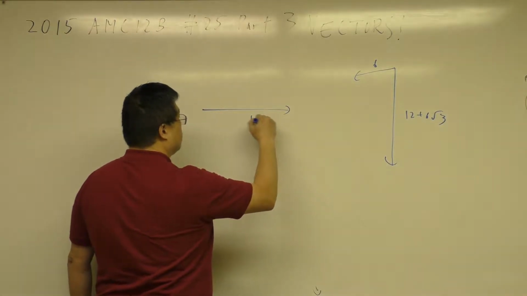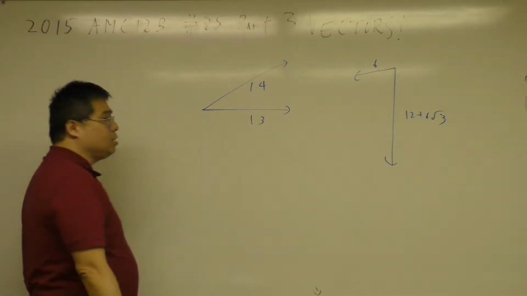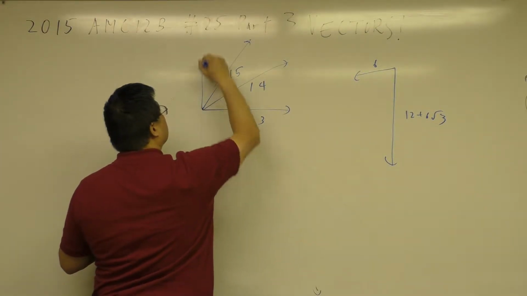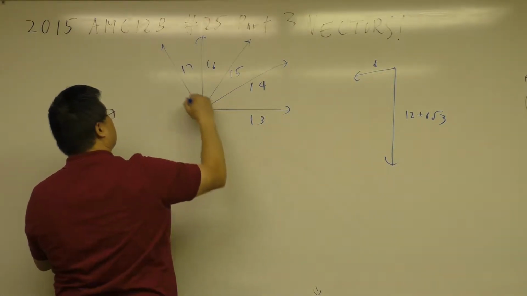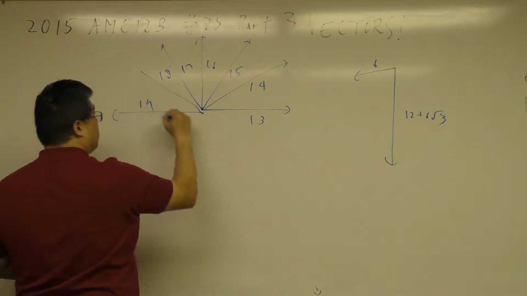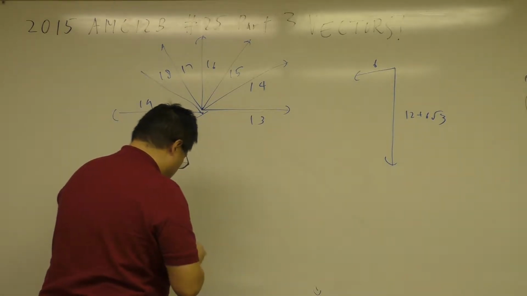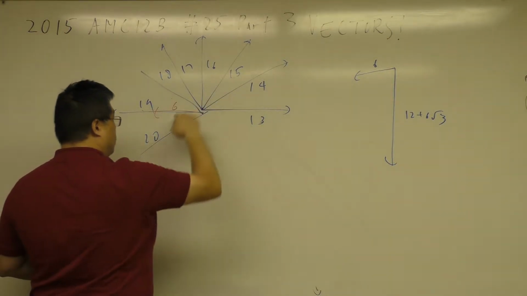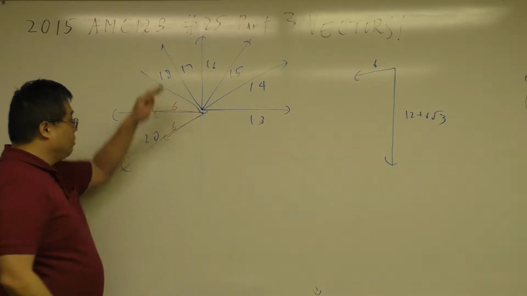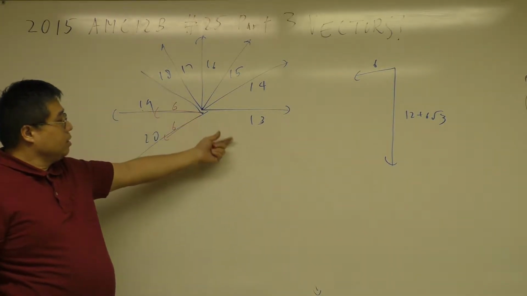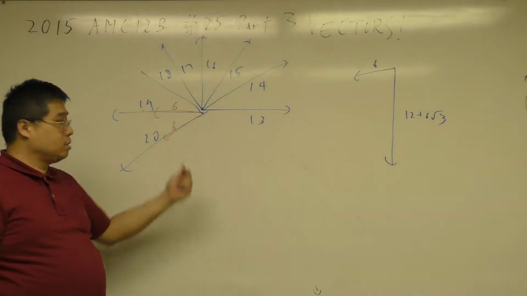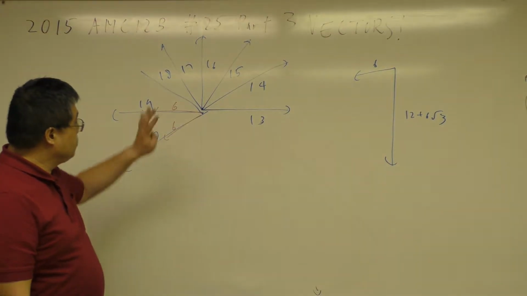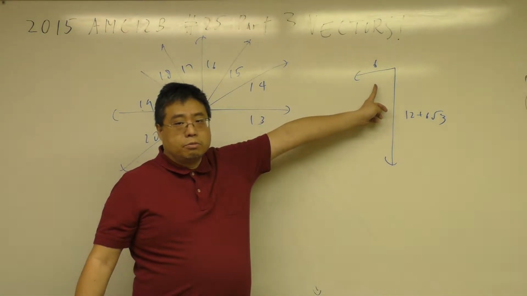So 13, 14, and since we have already seen that the important thing is what's opposite, well, let's see, 15, 16, 17, 18, 19, 20, and then if you want the net, it's 19 minus 13, so you're going to get 6 over here, 20 minus 14, so you're going to get 6 here, and by the same token, we're going to get the same 6 vectors of magnitude 6, all pointing in the same direction as the original 6. So if you add everything up, we're going to get this again.